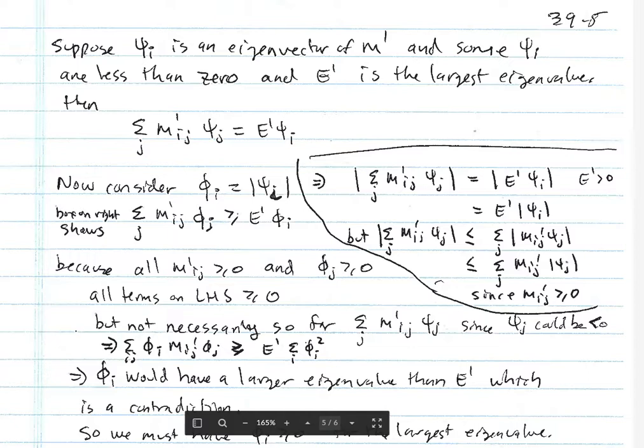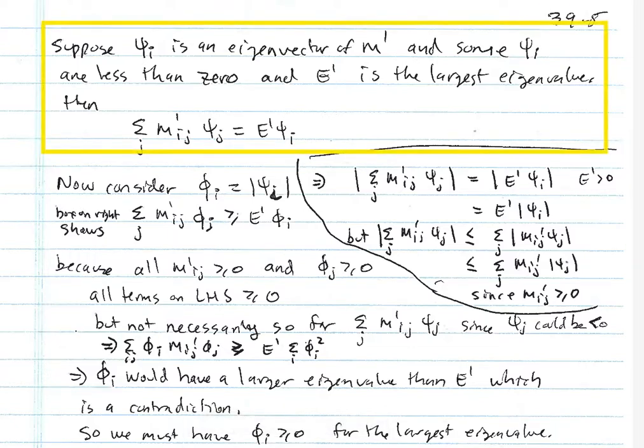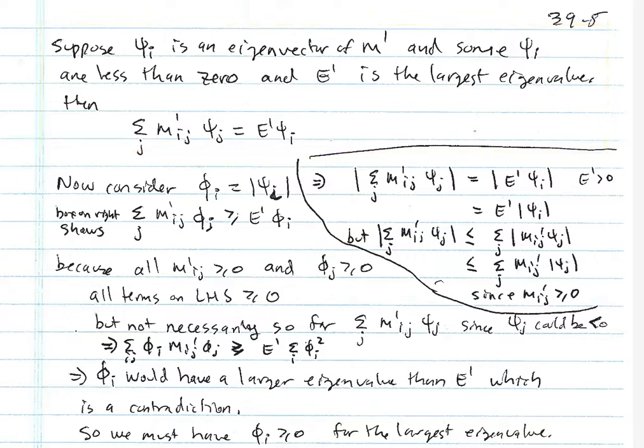All right, so we're now going to suppose that psi_i is an eigenvector of M prime, and some psi_i are less than 0, and E prime is the largest eigenvalue. Then the eigenvalue equation simply tells me the sum over j of M prime_ij psi_j is equal to E prime psi_i, and we're going to now consider the state phi_i, which is just the absolute value of psi_i.